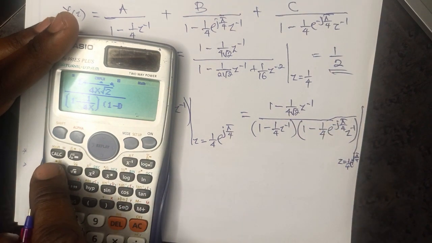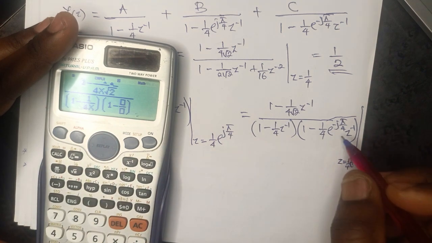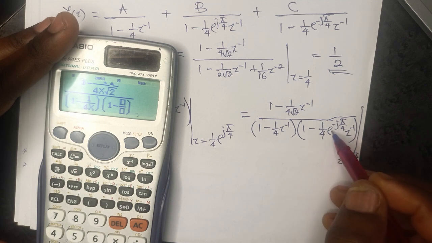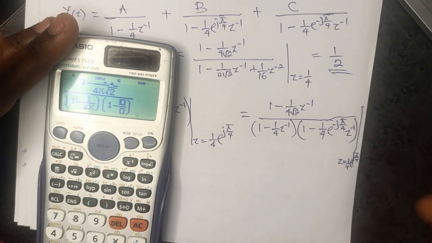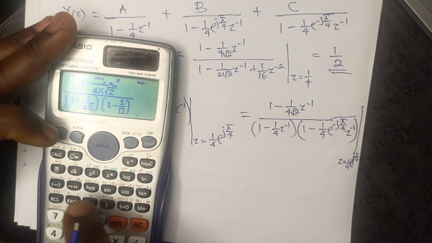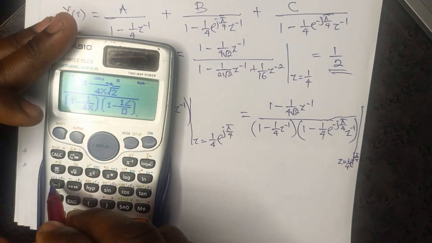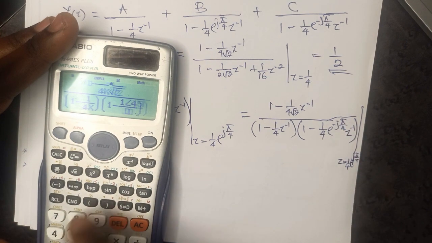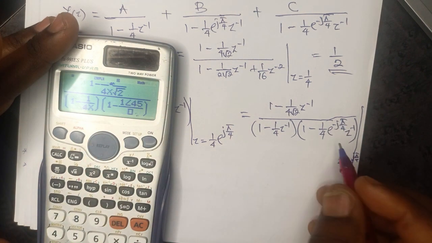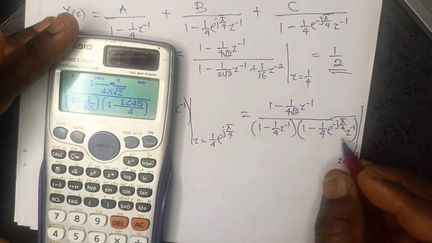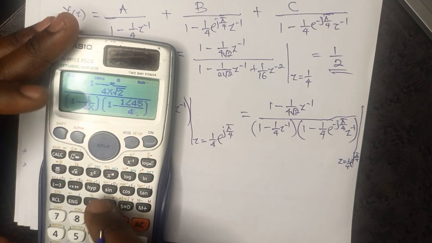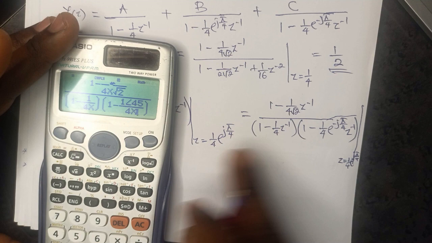We write it in this format: this expression means 1 argument 45, that is shift, this small minus, then the angle is 45, because I've converted it to degrees. Then 4 at the denominator, and the z is also at the denominator. Any other thing there? Nothing.